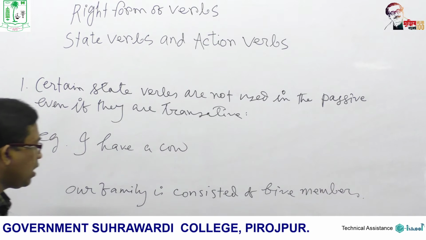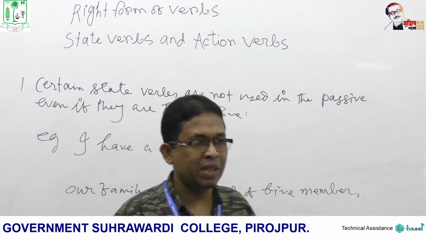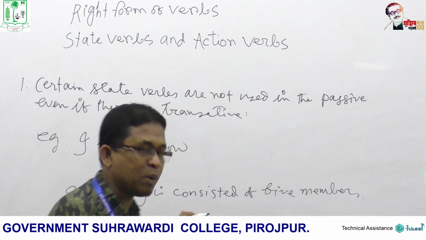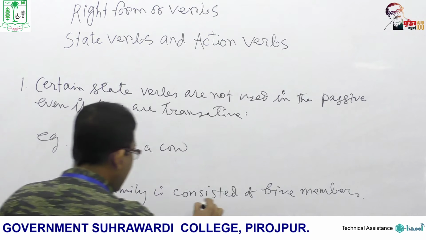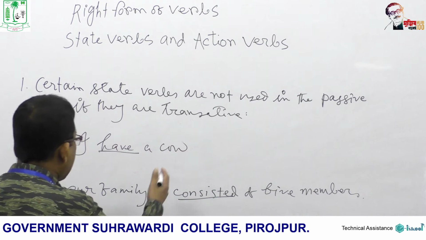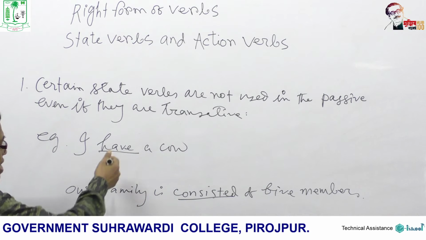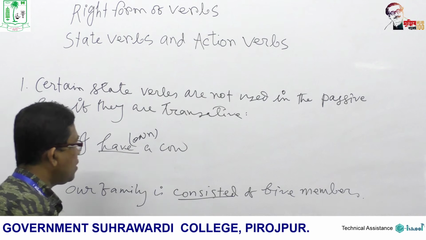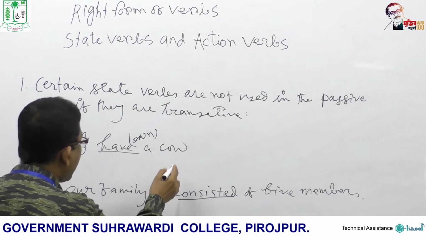Very simple examples, collected from our everyday life. Frequently we make mistakes regarding this type of sentences. Here, have is a state verb, and consist is another state verb, no doubt. And I have a cow. This is an active voice. When have means own, that is, in possession of something, I have a cow.